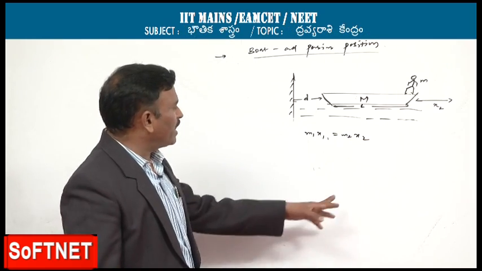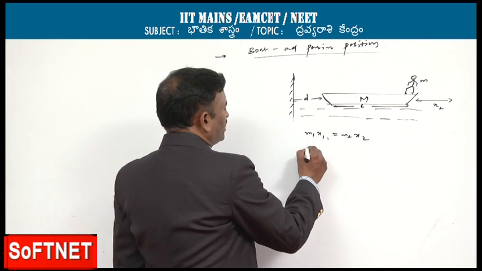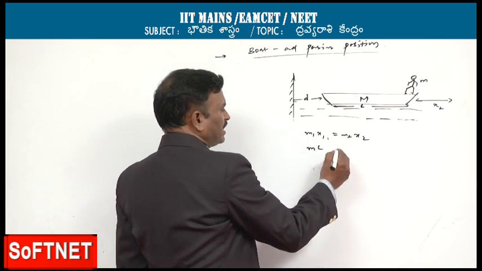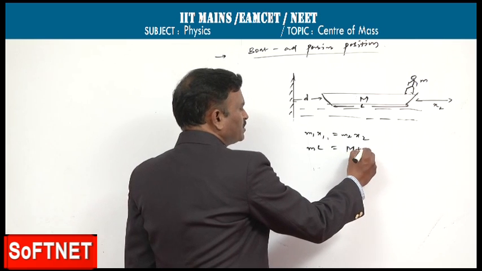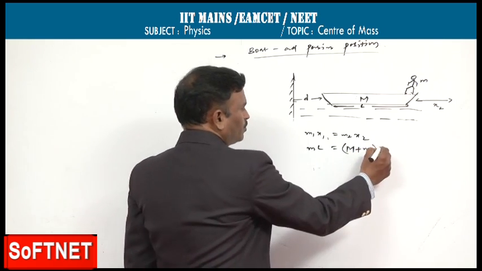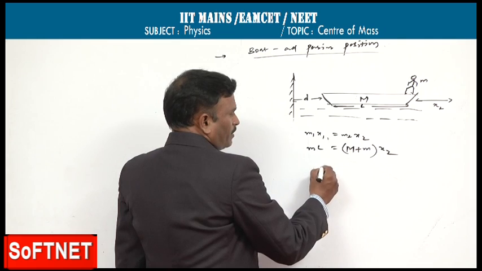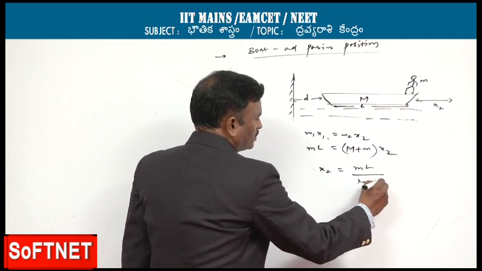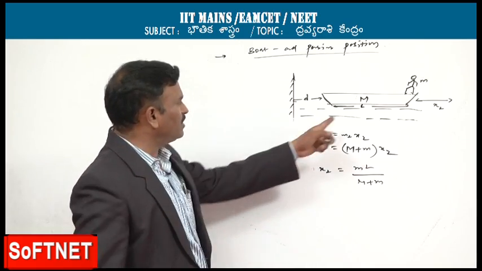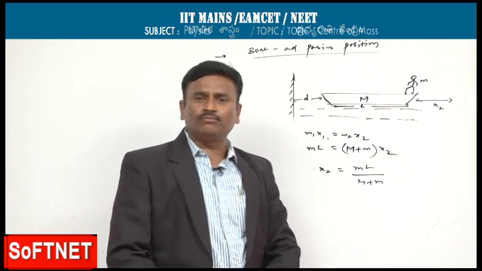Clockwise moment is equal to anti-clockwise moment. So m1 is the mass of the man, x1 is the length of the boat, m2 is the mass of the man plus the mass of the boat, into x2. x2 is equal to mL by capital M plus small m. This x2 is the distance moved by the boat.